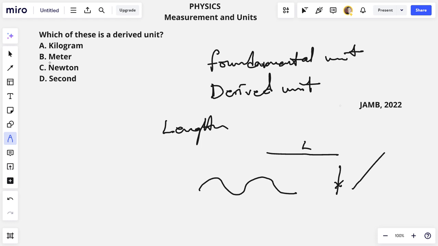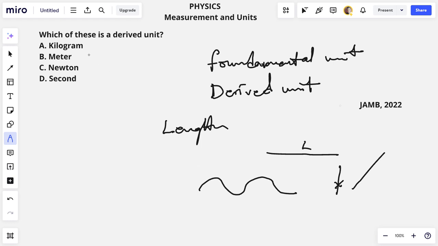You can't find another unit, like kilogram in it, or seconds in it, or candela in it. You can't find any other unit in meter. So meter is just meter. Same thing with kilogram. Kilogram is the SI unit for measuring mass in physics.